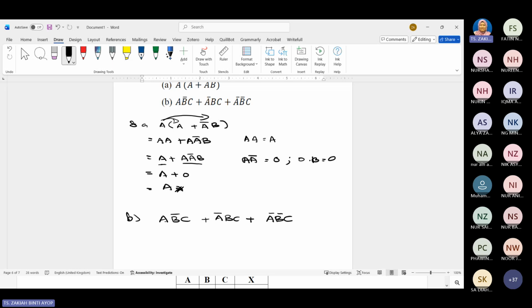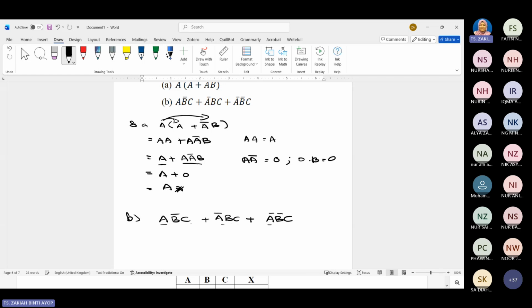The first thing is to look at the similar variables that we can pair together. In this case, this is A B bar C, but if you look for a similar A, you can't, because the rest of the expressions have A bar, which means A cannot be paired together. Now look at B bar and C. Do we have B bar and C?